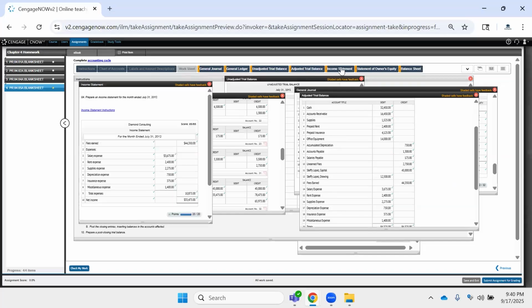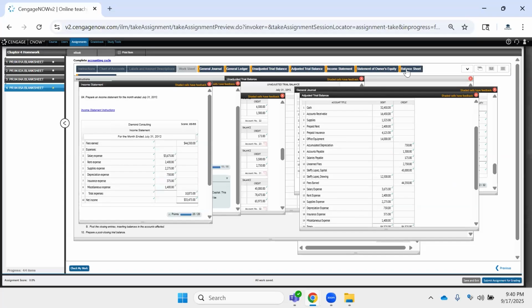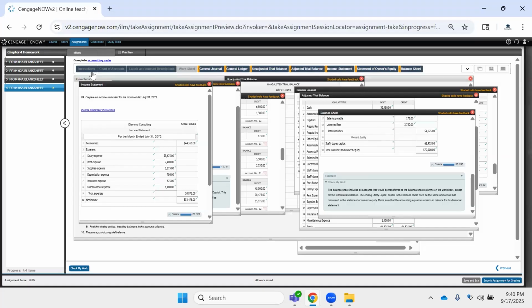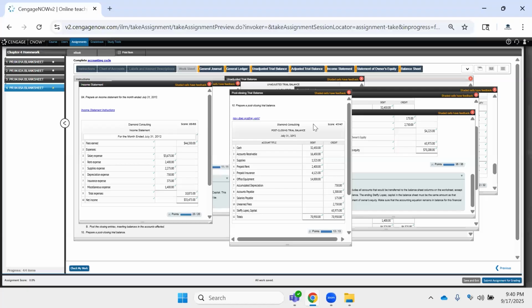From that, we created our income statement, our statement of owner's equity, and our balance sheet. Then, once we prepared the financial statements, we closed the books for the month and created the post-closing trial balance. So we went through the entire accounting cycle of a business for Steffi Lopez.